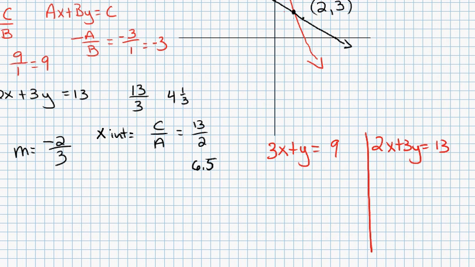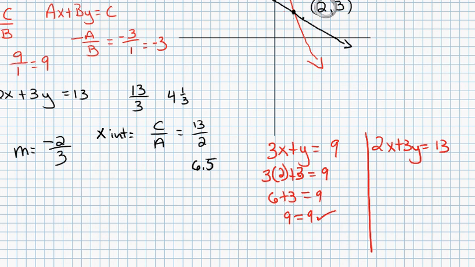And again, we're checking to see if the ordered pair 2, 3 is a solution for both. So I'm just going to substitute 2, 3 into both equations. So I have 3 times 2 plus 3 equals 9. And 3 times 2 is 6 plus 3. And that does in fact equal 9. So it is a solution here, yes.